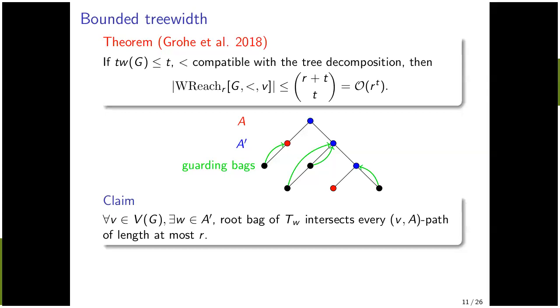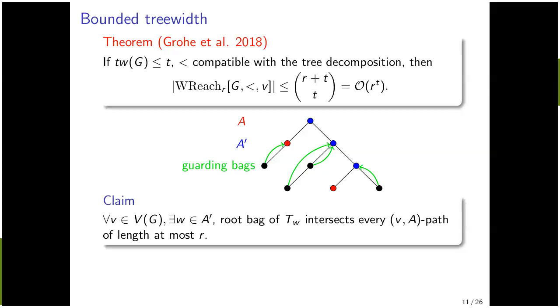Yes, so the definition of W is that you start from the root bag of V, you go in the tree up towards the root, and you stop when you find a bag which is the root bag of W for W in A prime.